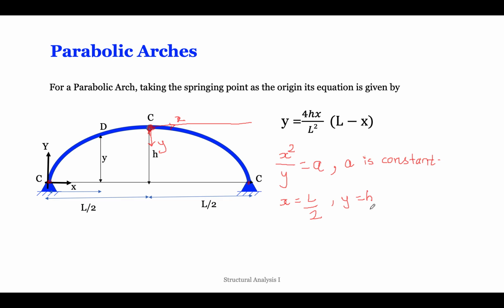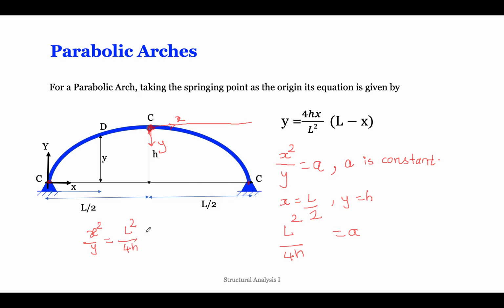So then L square by 4h is equal to a. Then our equation will become x square by y is equal to L square by 4h.